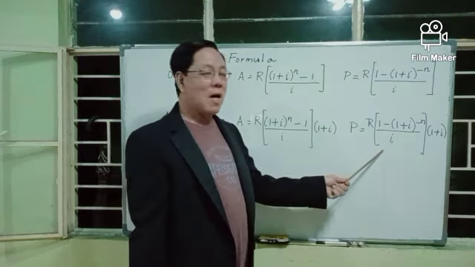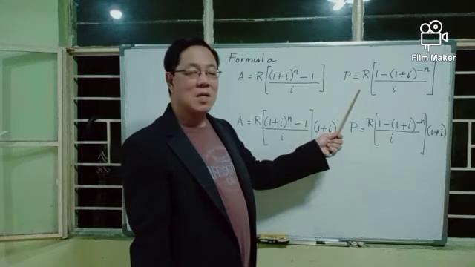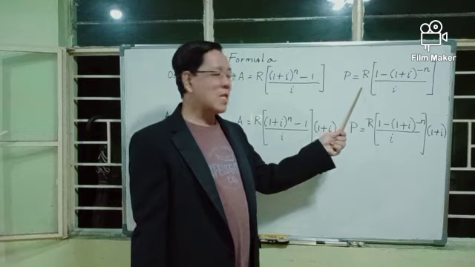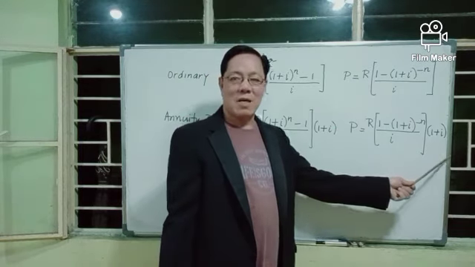Again, you can see that this formula differs from the formula for the present value of an ordinary annuity by the factor 1 plus i.